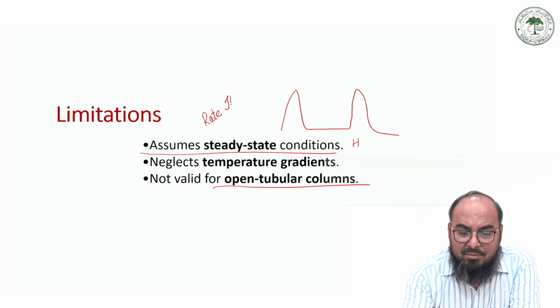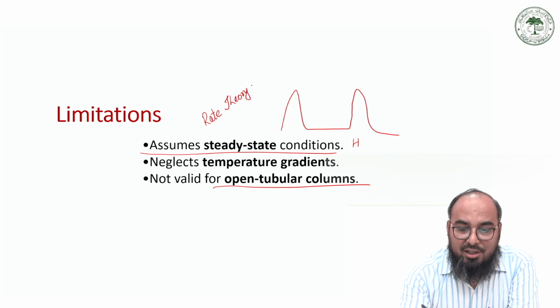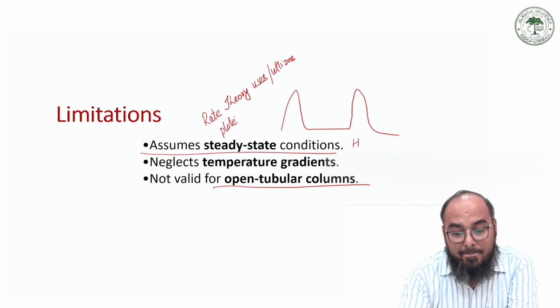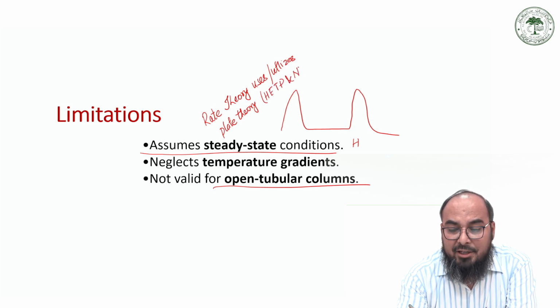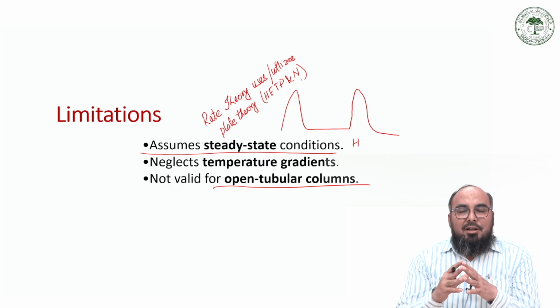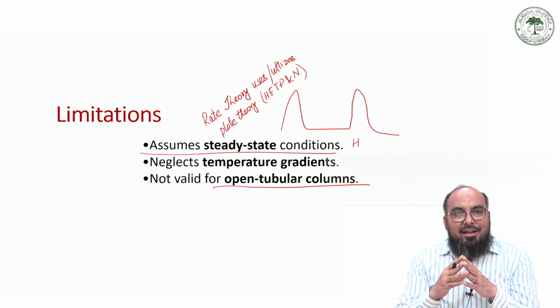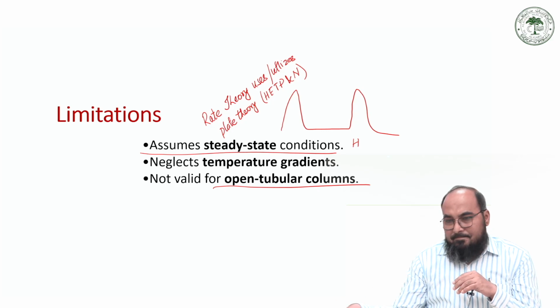Rate theory utilizes the concept of plate theory, that is the concept of HETP, and of course the concept of number of equivalent plates. So this experimental theory is in fact based on the theoretical theory proposed by Martin and Synge.